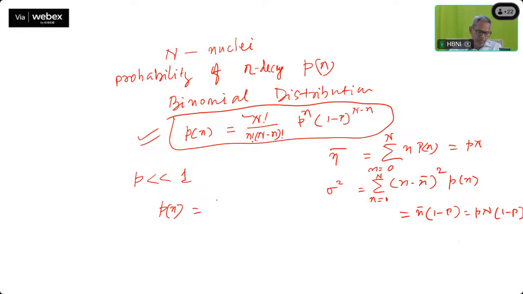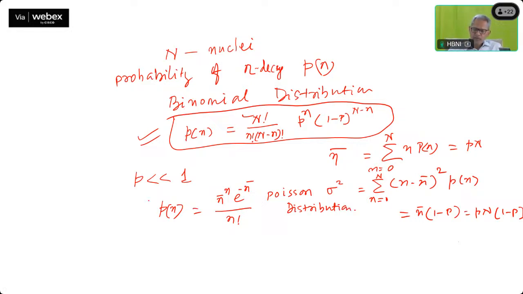It is basically n average to the power n, e to the power minus n average, divided by n factorial. So this is what is known as the Poisson distribution.